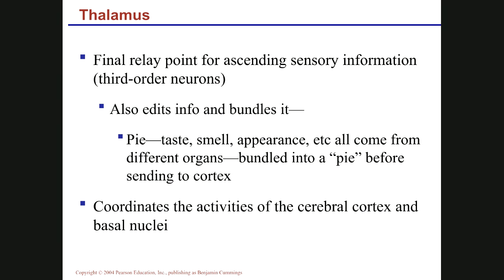There's smell, there's taste, there's appearance, maybe heat, maybe all kinds of things associated with a pie. All of those things come from different organs, and so they get bundled together into a pie before sending it up to the cortex. Another thing the thalamus does is help to coordinate the activities of the cortex and the cerebral nuclei.